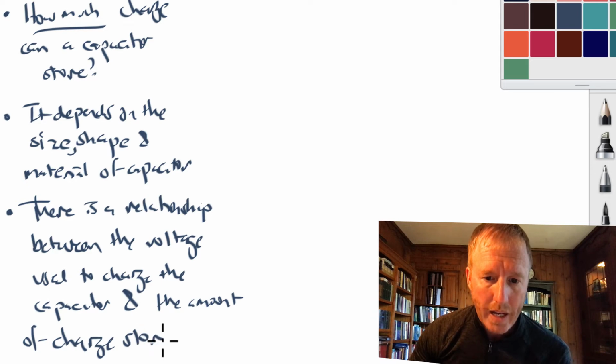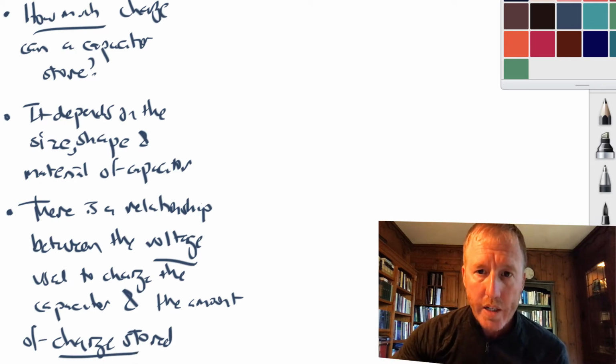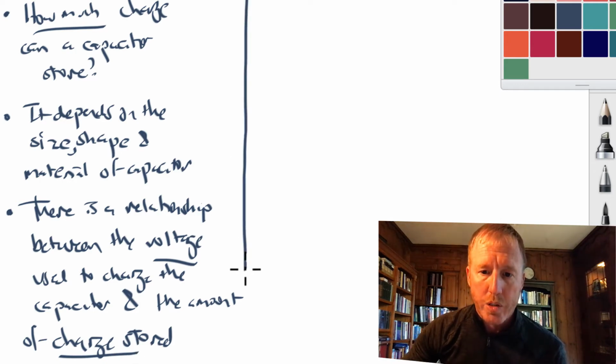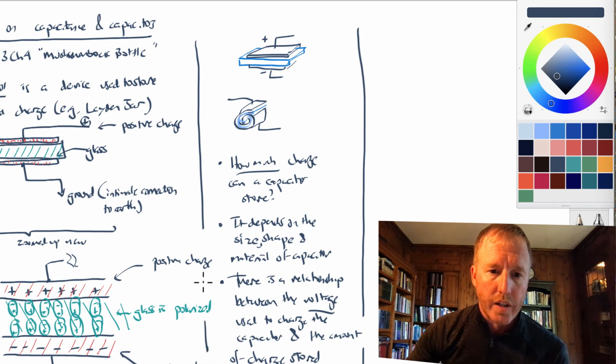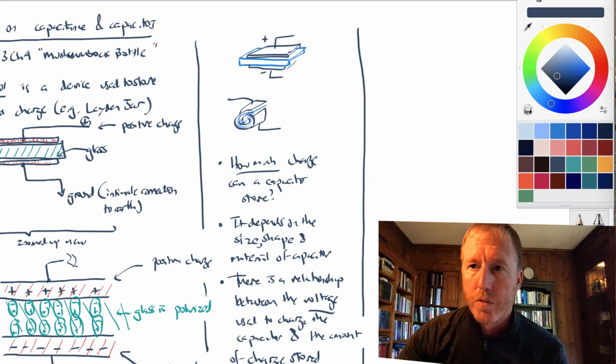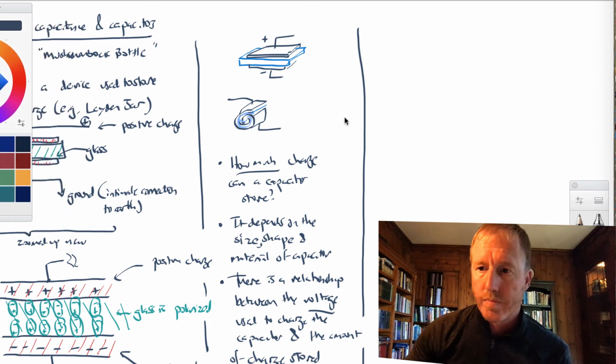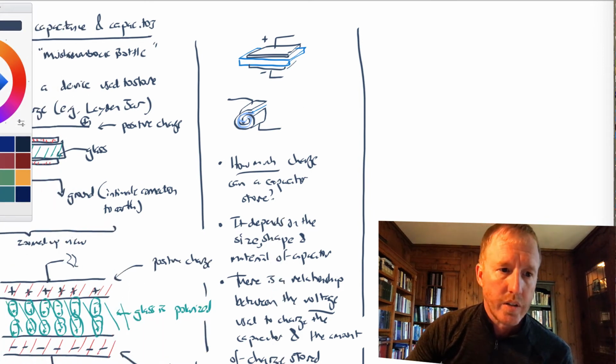There's a mathematical relationship between the voltage used and the amount of charge that is stored. And I'm going to write down this formula and then I'll be more specific about what I mean by charge and voltage. Okay, so let me move this over to here as well as this.